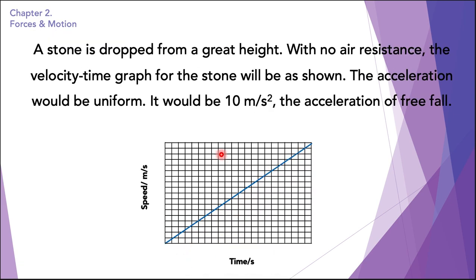A stone is dropped from a great height with no air resistance. The velocity time graph for the stone will be like this. So the acceleration would be uniform. It would be 10 meters per second square, which is the acceleration of free fall. So the acceleration is constant. It is increasing, but it is uniformly increasing.